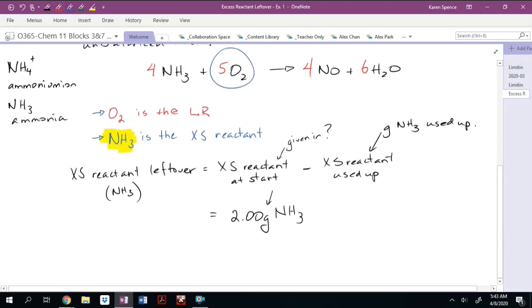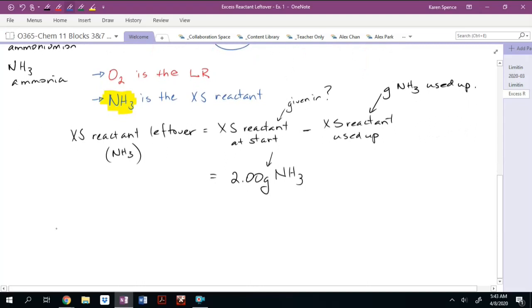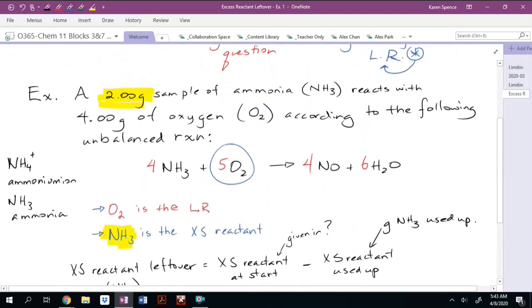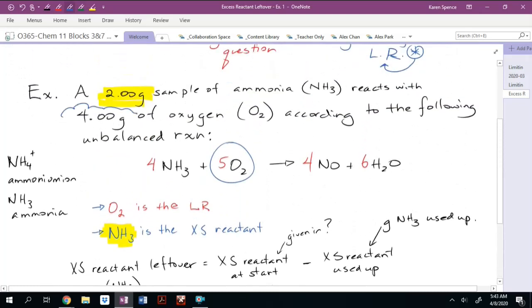So we are going to calculate the grams of NH3 which are used up, reacting with the limiting reactant, in this case O2. So let's start with our O2, because that's what we know about already. We know we have 4 grams of O2.